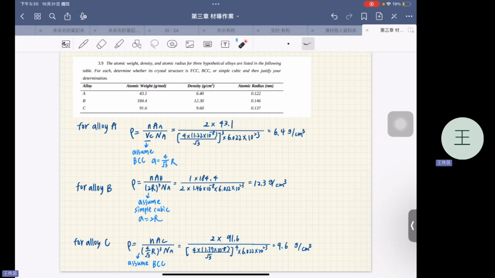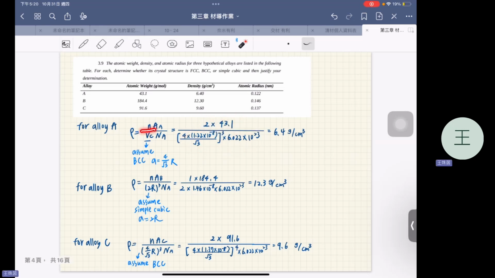Finally, we can assume it is BCC and put this equation inside. R we already know, and we need to convert the unit into centimeters, and then we put all the information inside.